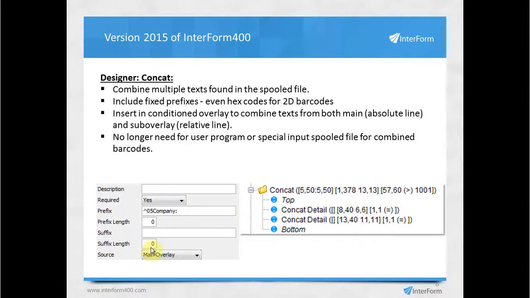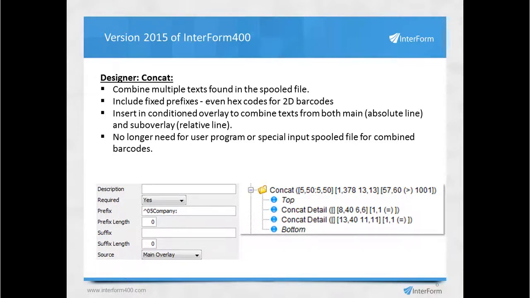So it means that as the source, you can say that the spoof file line should be found relative to this conditioned overlay. So inside of the conditioned overlay, you can also refer to some lines that we have specifically selected for that overlay. So I would say with this functionality, you have a very advanced feature to dynamically build up a barcode.